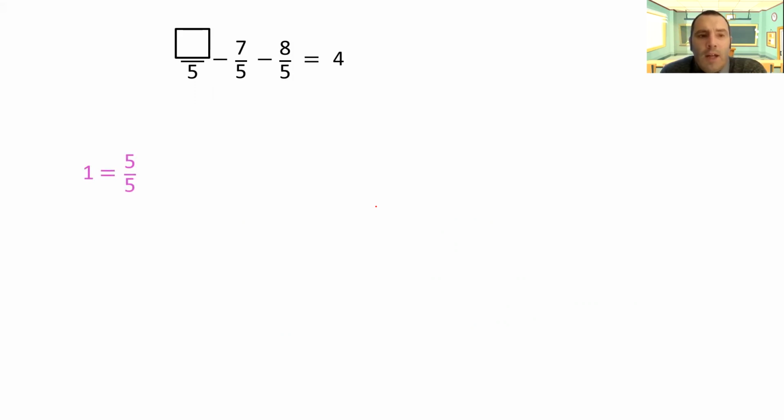So if 1 equals 5/5, 2 will be 10/5, 3 will be 15/5, 4 will be 20/5. So I'm going to use an improper fraction to solve this problem. So something over 5, take away 7/5, take away 8/5, leaves me with 20/5 as my answer.